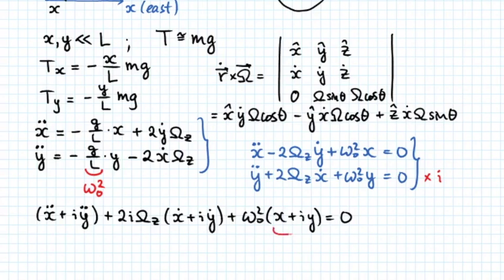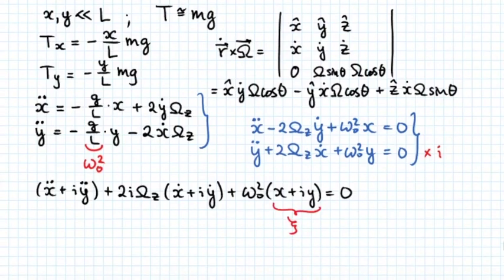We know that we can introduce new complex quantity psi so that these two equations are written as psi double dot plus 2i omega z psi dot plus omega naught squared psi equals 0.